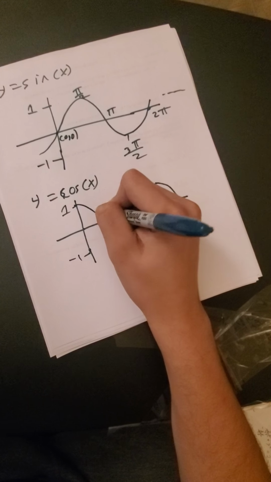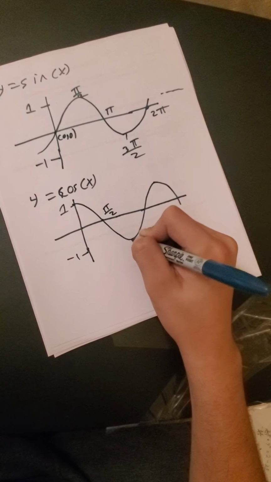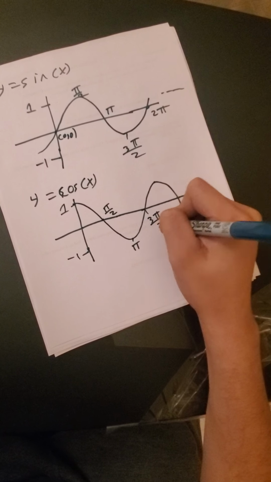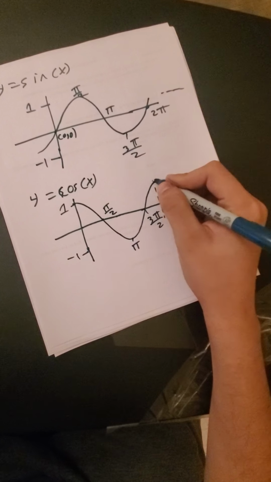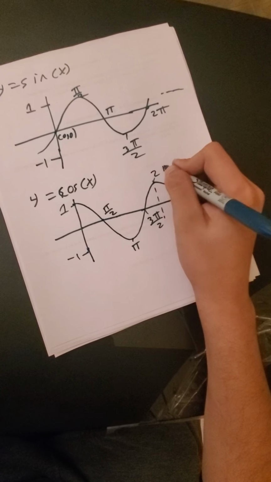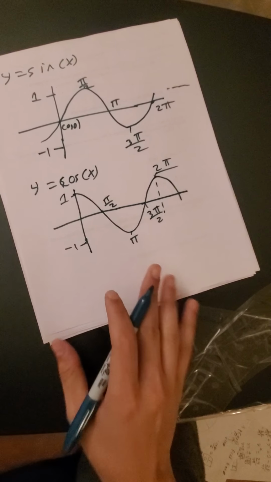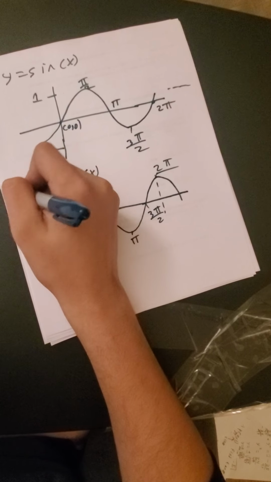We have pi over 2, pi, 3 pi over 2, and the period is also 2 pi. These are the two most important things that you need to remember.